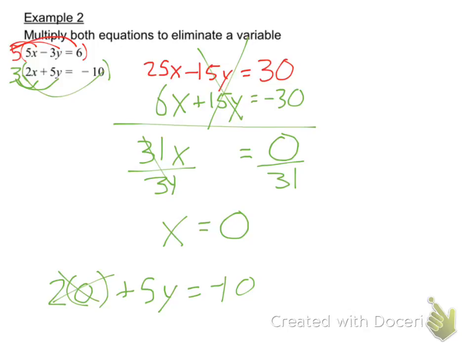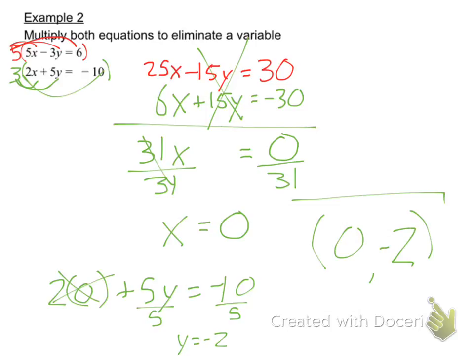All I have to do now is divide by 5. So y equals negative 10 divided by 5, which is negative 2. And to finish the problem off properly, we will write it as a point: 0, negative 2.